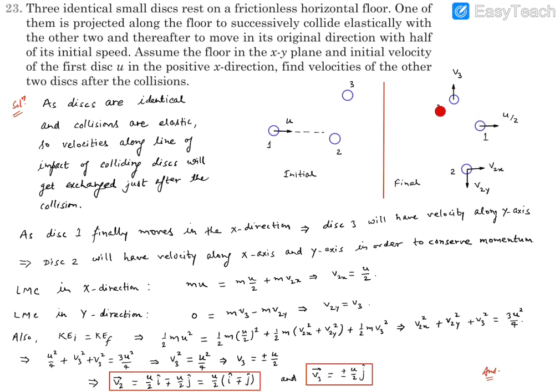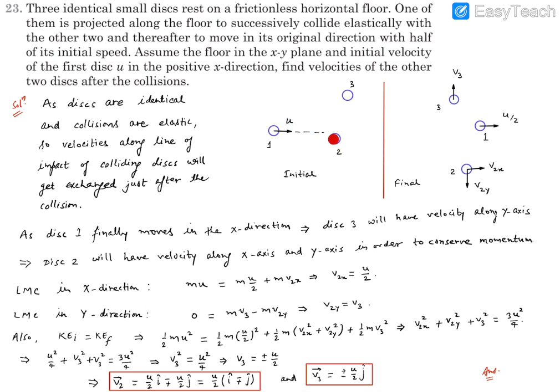So we have settled that 3 is going to have a velocity in the vertical direction, that means the y direction only. That means before 1 collided with 3, 1 had velocity along the x direction as well as the y direction, which means when the collision took place between 1 and 2, that was an oblique collision.